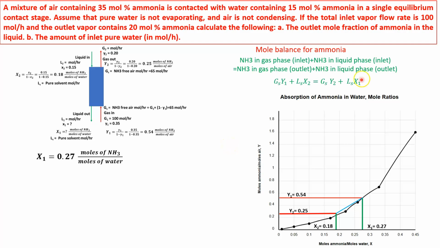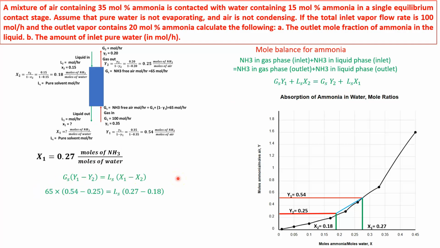Now if I write the mole balance of ammonia, it is Gs into Y1 plus Ls into X2. Gs is the ammonia free air and Ls is the ammonia free pure solvent. Y1 is the mole ratio of ammonia by air, and X2 is ammonia by water. So Gs into Y1 plus Ls into X2 is the inlet, and Gs into Y2 plus Ls into X1 is the outlet.